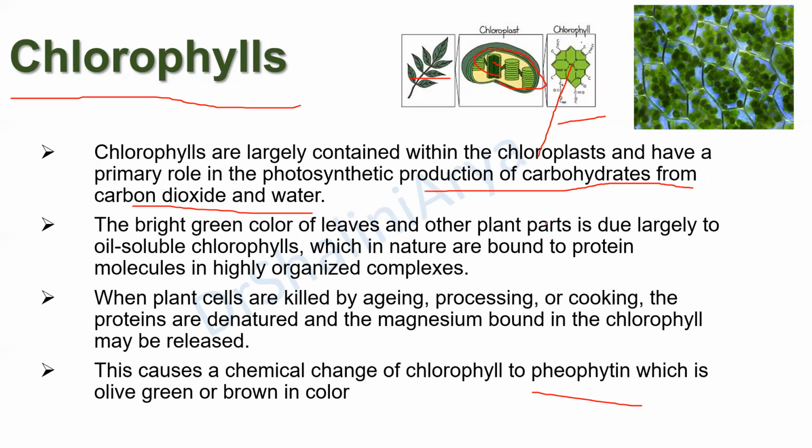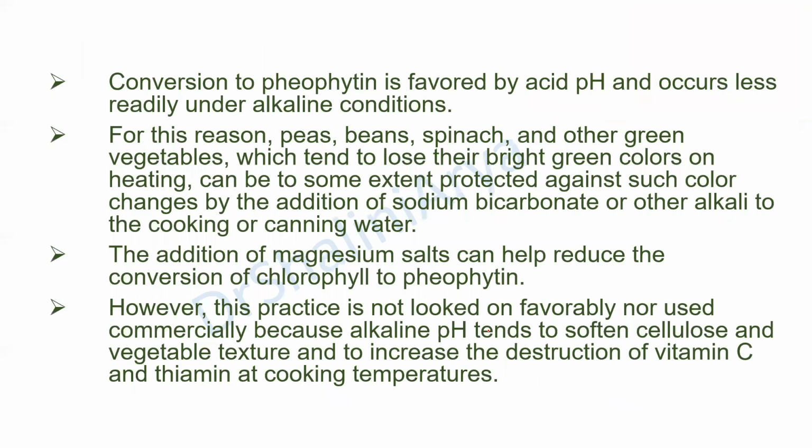The moment you cook, the magnesium which is bound in the chlorophyll gets released, and there is a change of the chlorophyll to pheophytin, which is olive green in color. Conversion to pheophytin is favored by acid pH, and it occurs less readily under alkaline conditions.